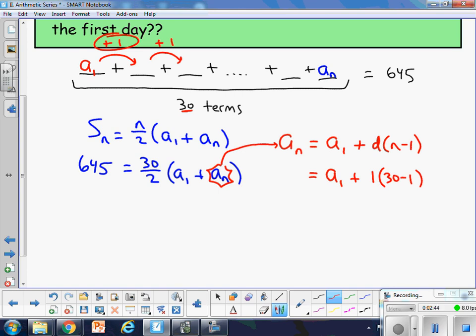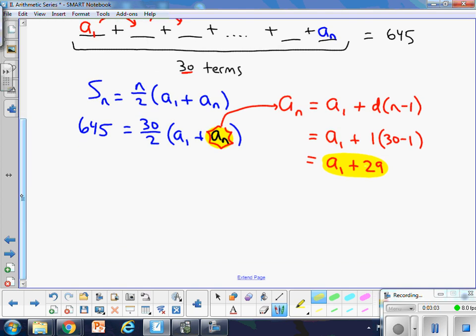So let's simplify a little here and get a1 plus 1 times 30 minus 1, so 1 times 29 is just 29. So what I can do is take this and plug it into the formula where a sub n is and see if we can work algebraically to get this solved.